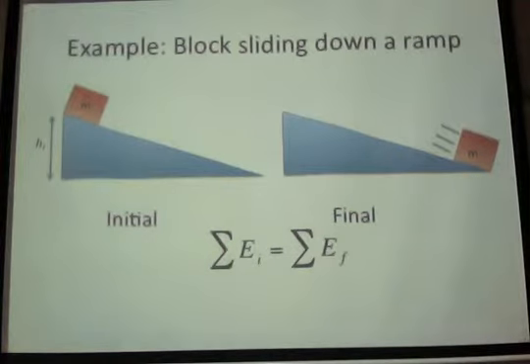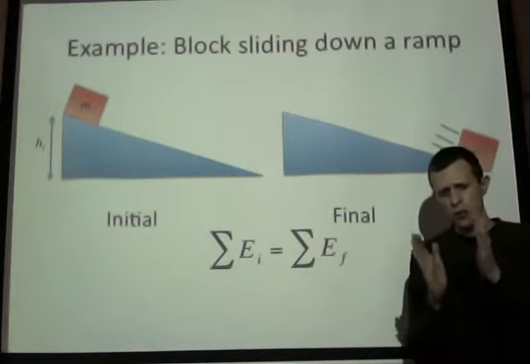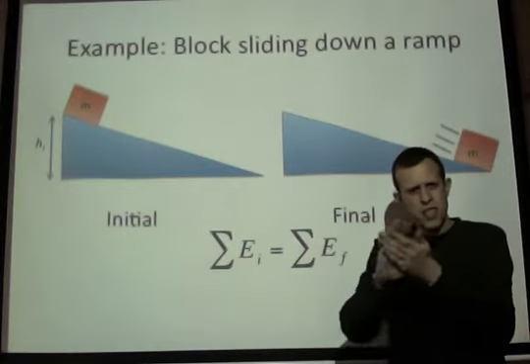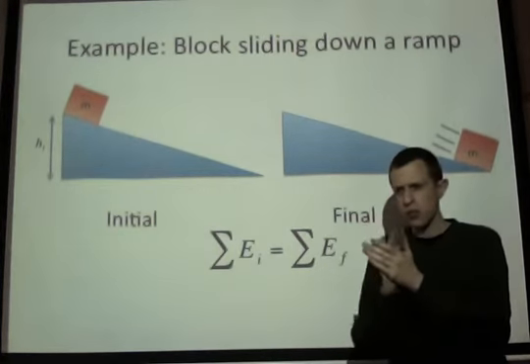At the very end, we have our block at the bottom of the ramp. It's at a height of 0, so we can't go any lower. We don't have the potential to fall any more, so we have no gravitational potential energy. We do have movement, though. Movement goes with kinetic energy. As it has slid along that ramp, we have experienced friction. And just like when you rub your hands together like this, you have friction between your hands. You start to feel your hands get warmer.